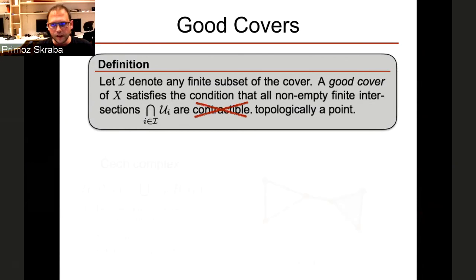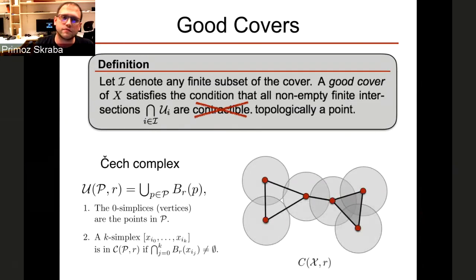So first I thought I would give the example of the case of the Nerve Theorem that I think everyone here knows, which is the Čech complex. We have our points, we put disks or balls of radius r around the points, and we can take the union of balls as a topological space. The Čech complex is essentially just the nerve of this union of balls.